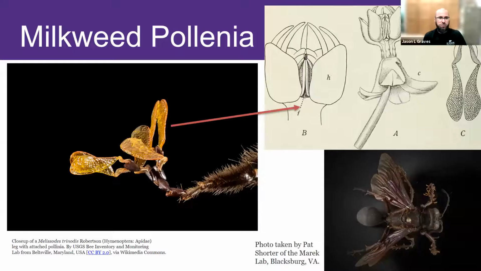I like to share with people that milkweed handle their pollen differently. They actually don't have free and loose pollen. Milkweed gather their pollen into these waxy little sacs called pollinia. So when pollinators visit this plant, they can't really collect this pollen.